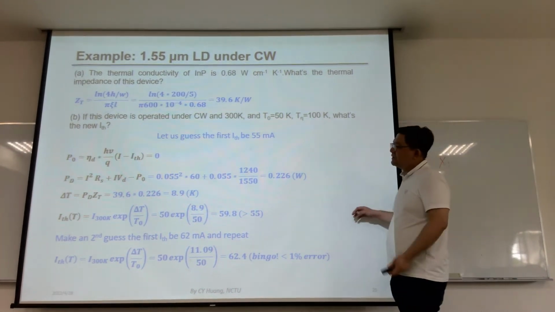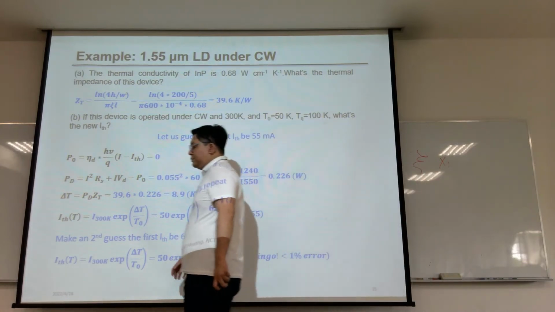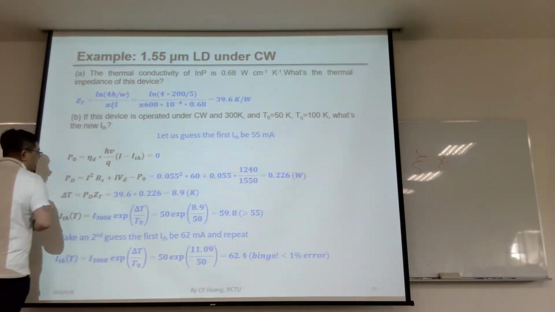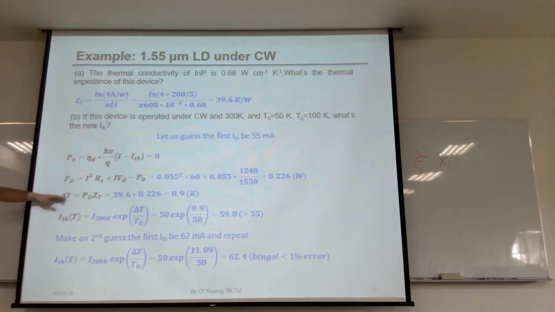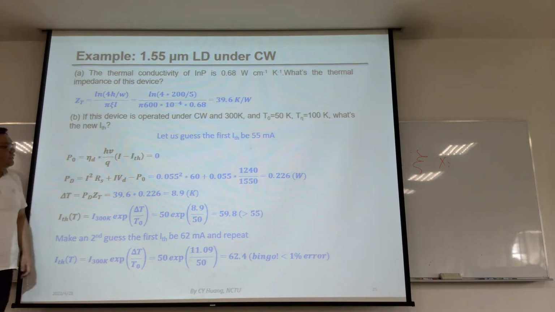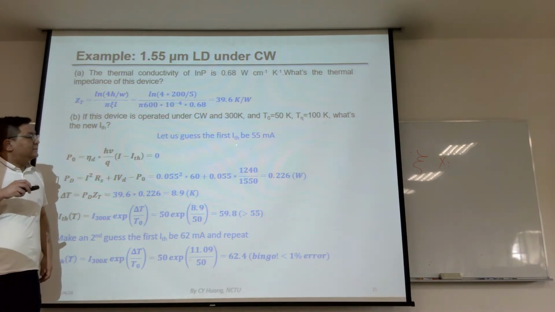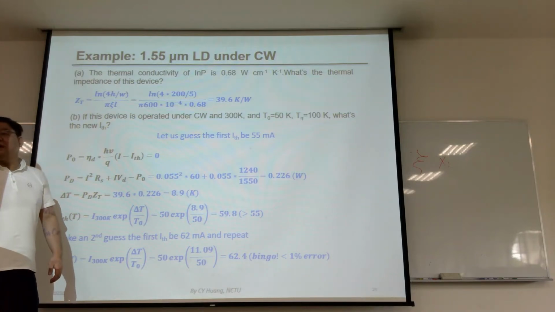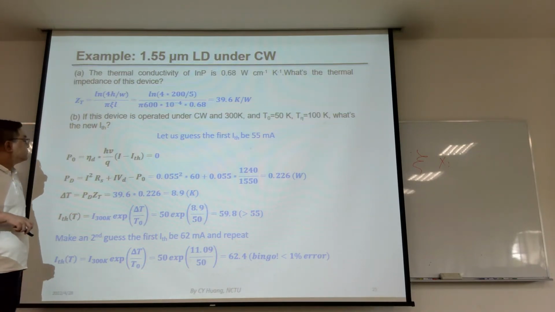It's simple, just put the number in. The tricky part is, what's the ITH? We only know the ITH should be some value larger than 50, since it's heating, but I don't know what it is. So let's make a first guess. Let's guess the ITH should be 55 mA.